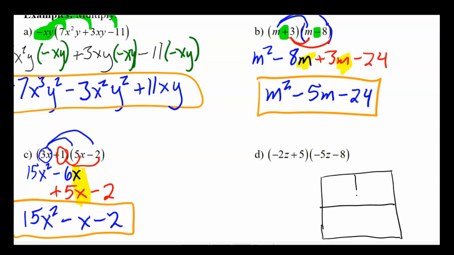And in my box, you need a space for each value in your polynomial. So I'm going to take the first polynomial here, and you just put it down the side of the box. So -2z plus 5. Each term in the polynomial has a space in the box.